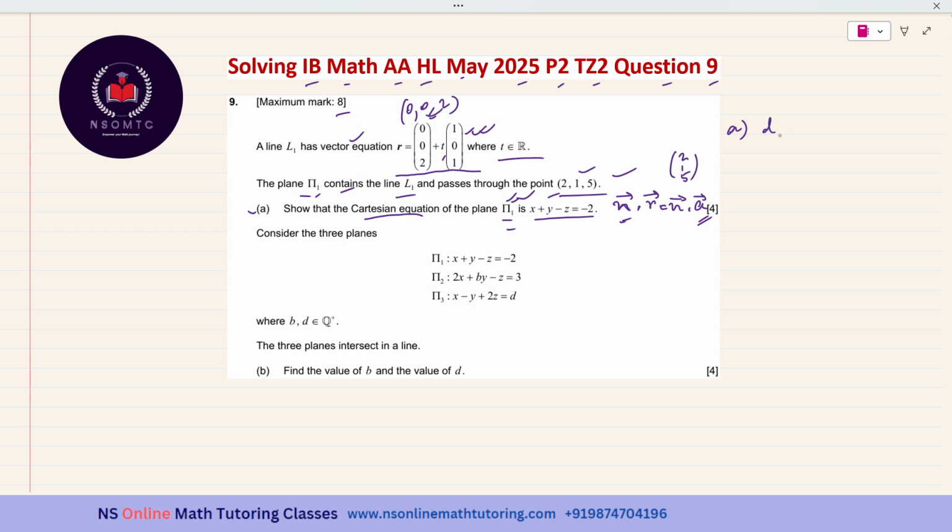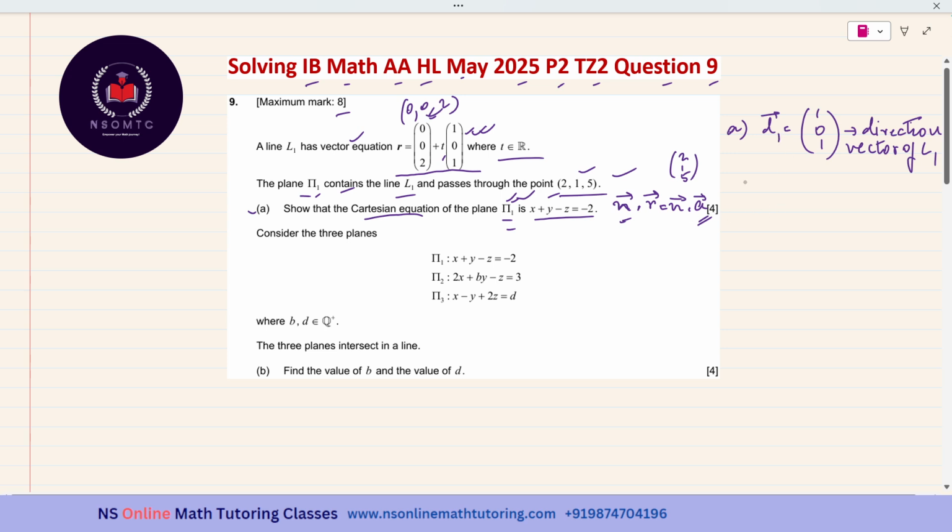D is equal to (1, 0, 1). This is the direction vector of L1. Let me write D1.